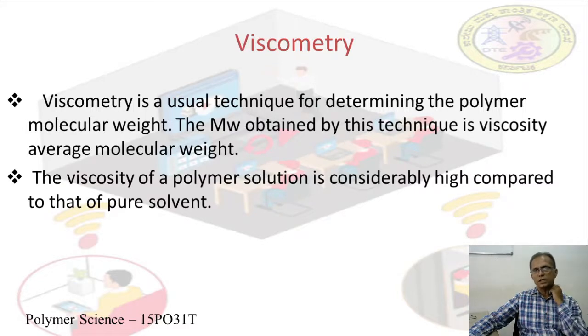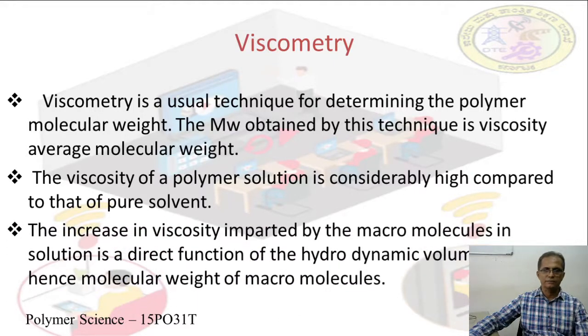The viscosity of polymer solution is considerably high compared to pure solvent. The increase in viscosity imparted by the macromolecules in solution is a direct function of hydrodynamic volume, hence molecular weight of macromolecules.